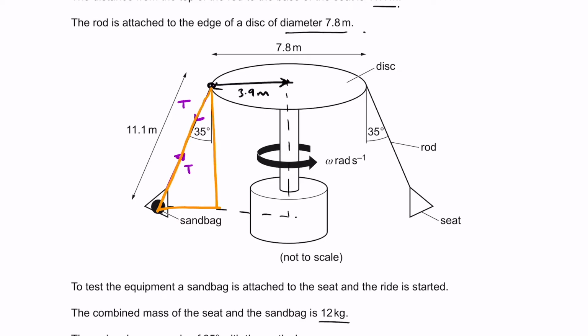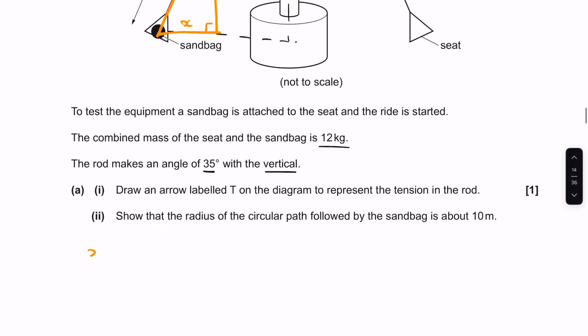And I know that this rod is 11.1 meters long. I know the angle it makes is 35 degrees. And if I just want to work out this distance, I can then use SOHCAHTOA. So x is equal to 11.1 times sine 35 degrees, and that gives me 6.37 meters.